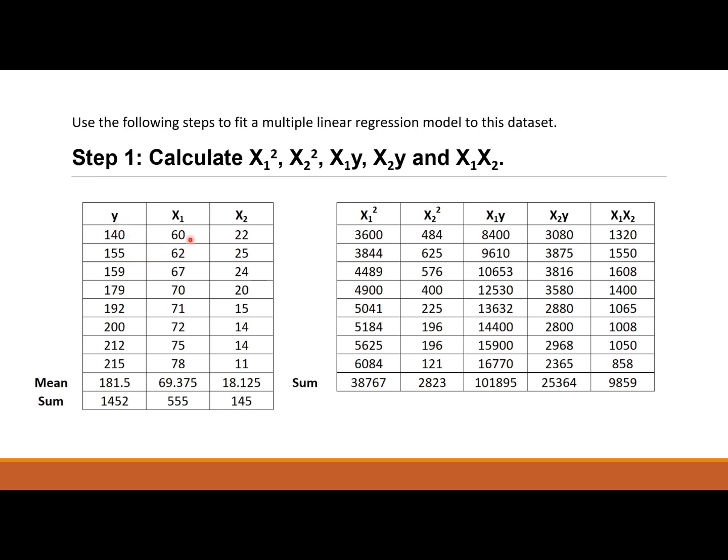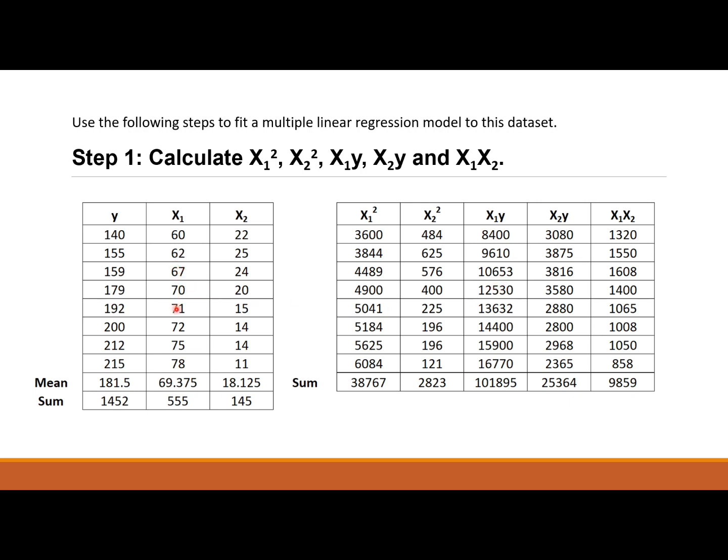The next process is we have to multiply the x1 times the y variables. So from here, 60 times 140, we get the total of 8,400. Next, 62 times 155, we get a total of 9,610. Next is 67 times 159, we get a total of 10,653.